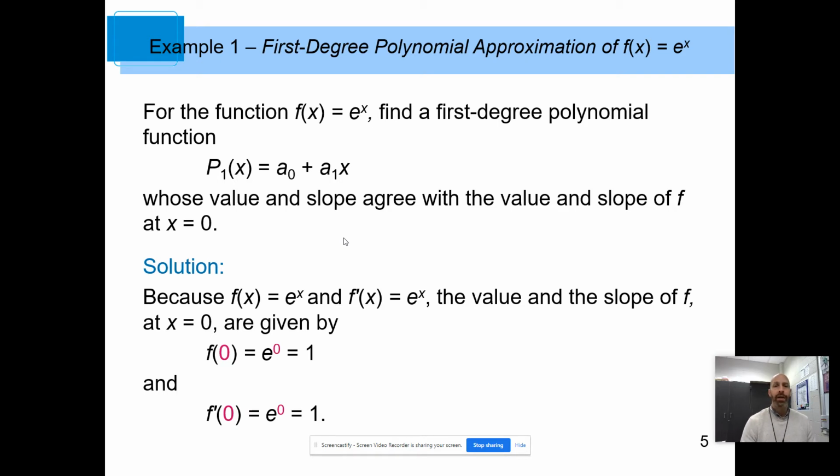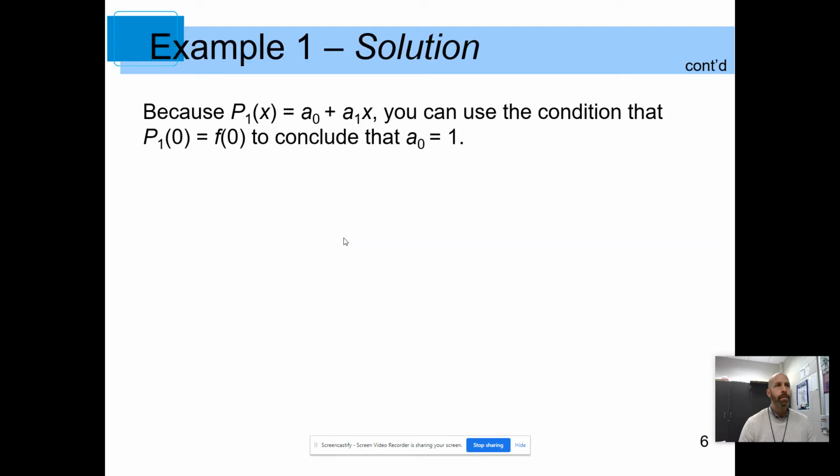So what I'm saying here is the value of the function at 0 is 1, and the slope of the tangent line there is also 1. Because p sub 1 of x is equal to a sub 0 plus a sub 1 x, we can use these initial conditions to figure that out. In other words, we want p sub 1 of 0 to equal f of 0, and we would conclude that a sub 0 equals 1.